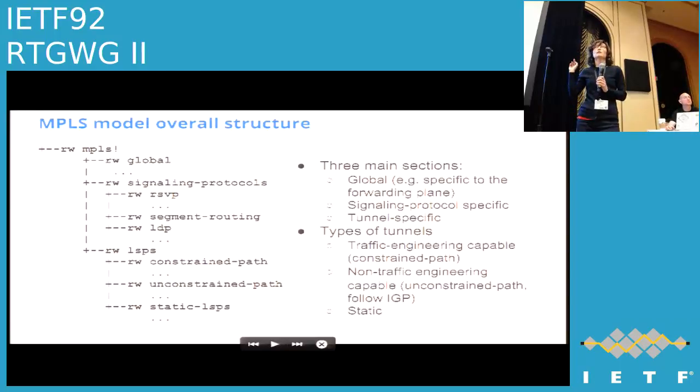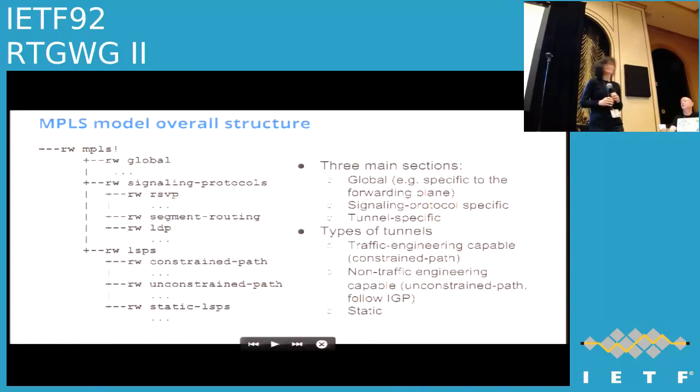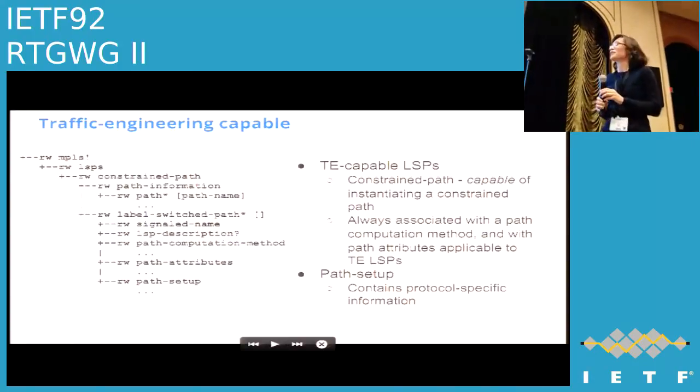So let's take a look at traffic engineering capable LSPs. These are named constrained paths in the model. They're always associated with a path computation method, whether this is CSPF or maybe something else, and with path attributes applicable to TE LSPs, such as constraints.